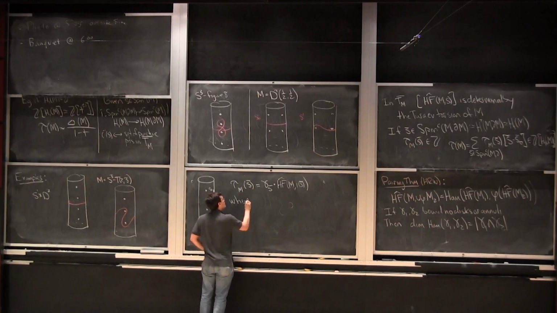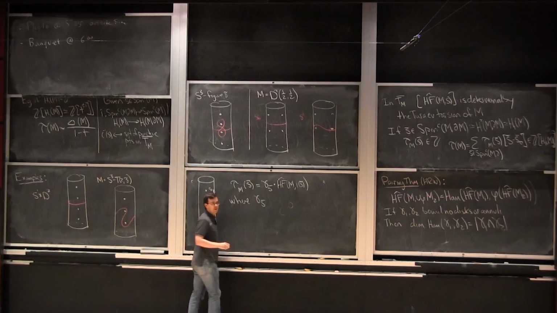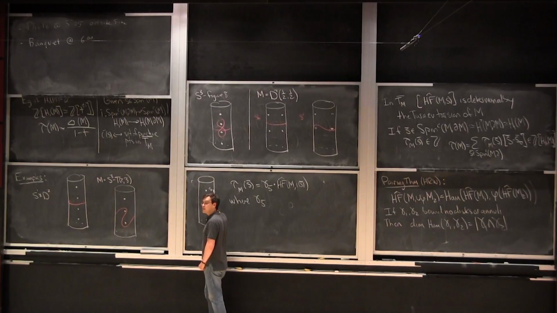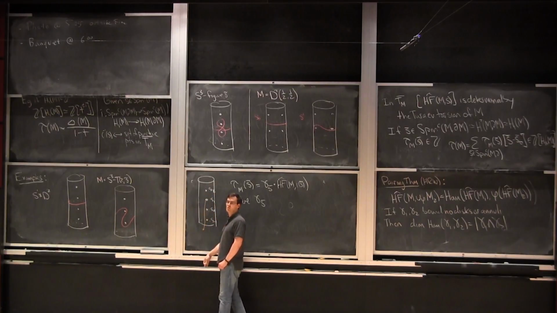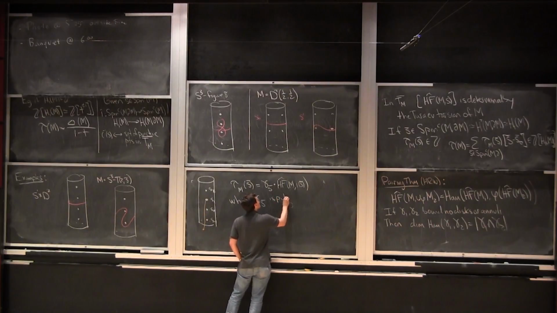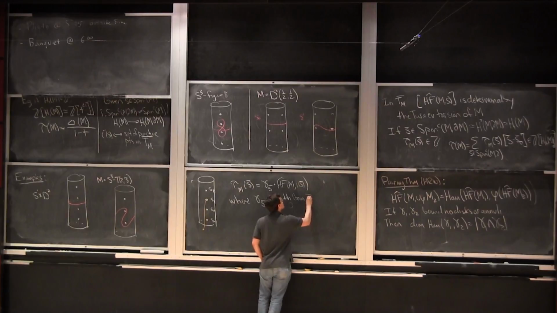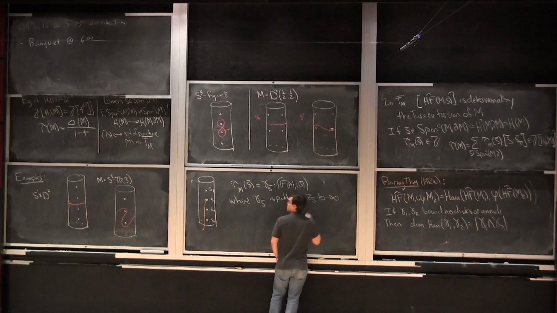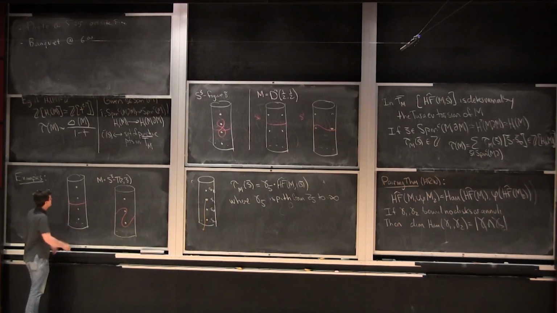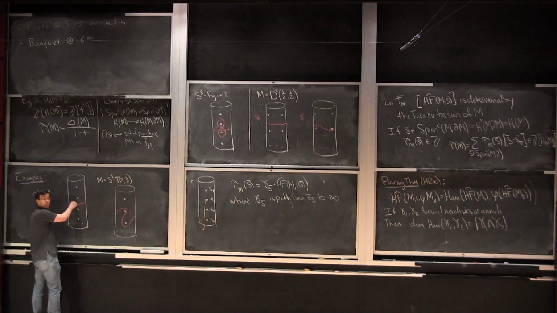Where gamma hat of S bar, so if you give me an S bar, that's one of these points. Gamma hat is a path from there all the way down to minus infinity. So for example, over here, if I draw a path from here down to minus infinity, there's no intersection with this pink curve.